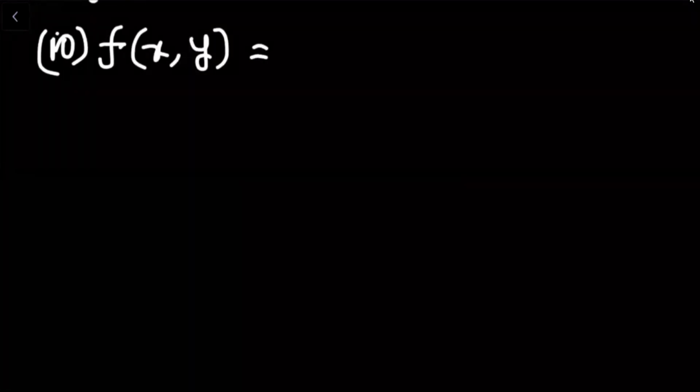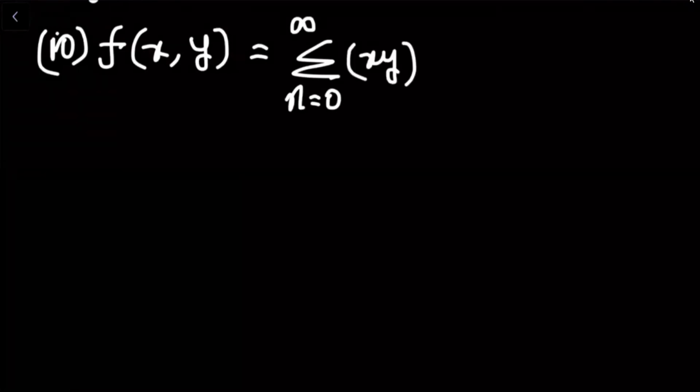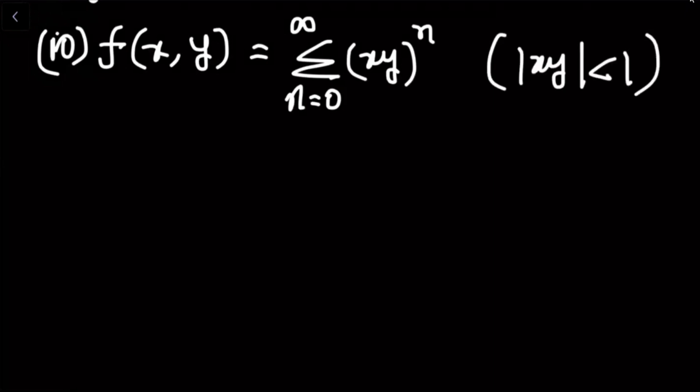And finally, the last problem of this class. f(x, y) is the sum from n = 0 to infinity of (xy)^n, where |xy| < 1.